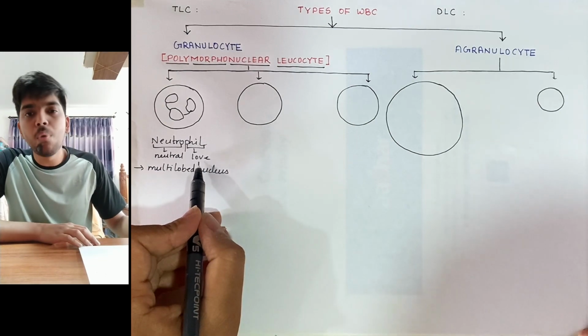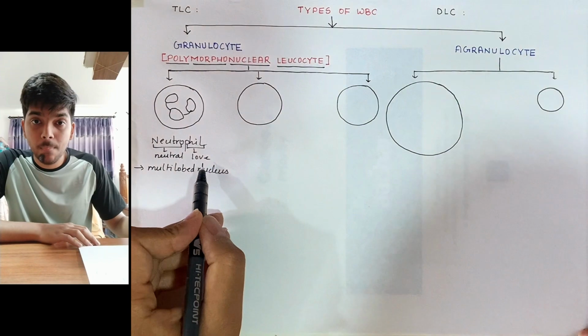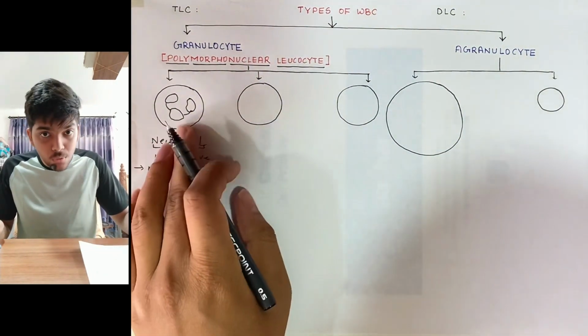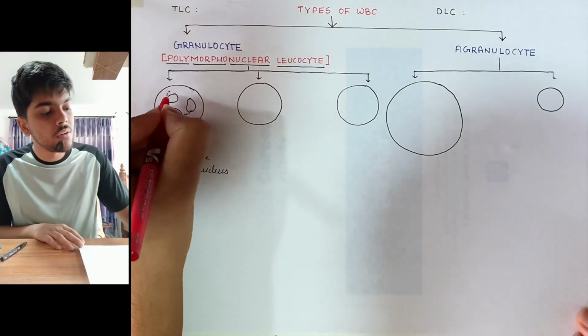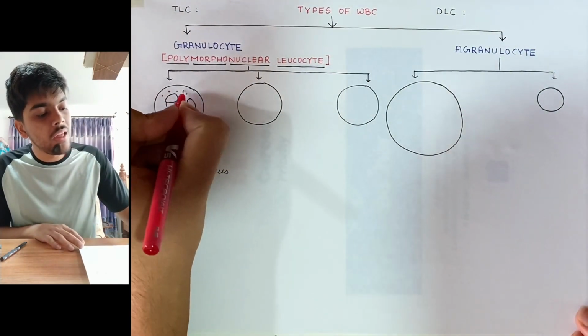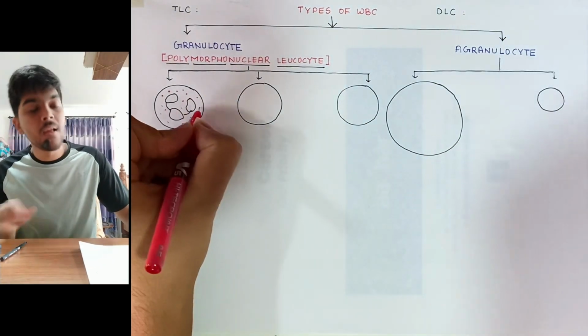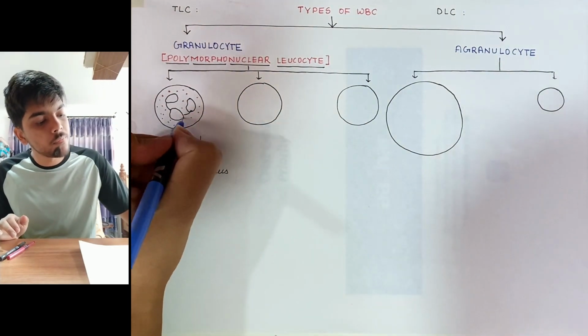It loves both acidic and basic dyes equally or the same. That means the cell itself contains granules, and the granules present are both acidic, which I'm showing with red color, as well as basic, which I'm gonna show with blue color.